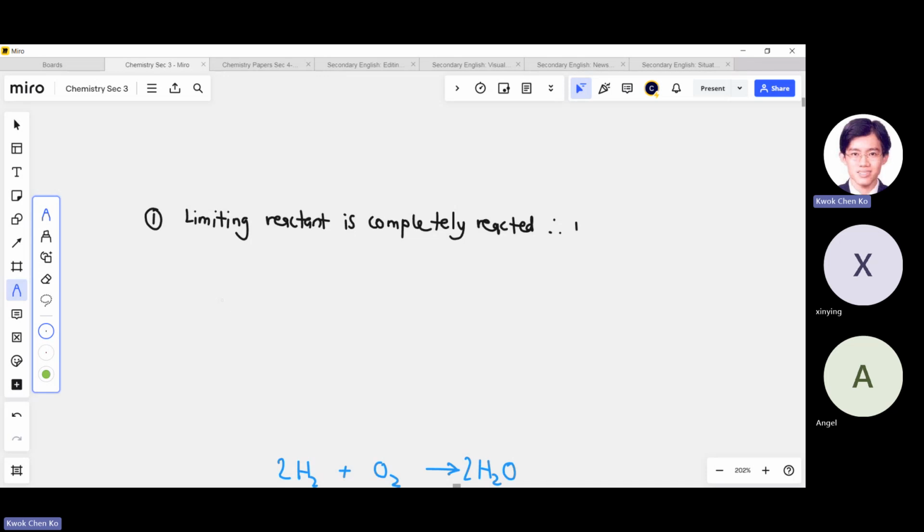Therefore, no remainder, nothing remains of that reactant. So that's the first guideline. Keep this in mind.